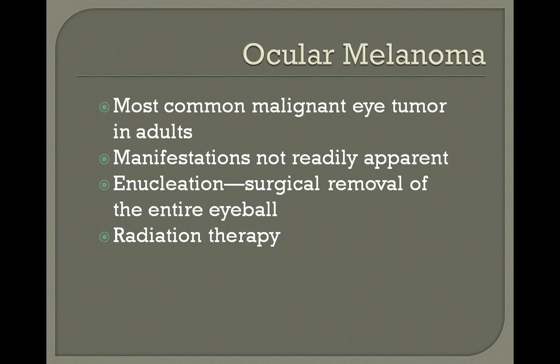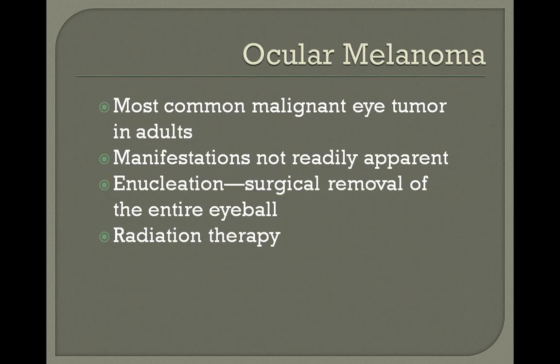Other symptoms can include crossed eyes, double vision, the eyes don't properly align. The person may have eye pain and redness, poor vision, and differing iris colors in each eye. If the cancer has spread, then the person may have bone pain. What can be done for this type of treatment?